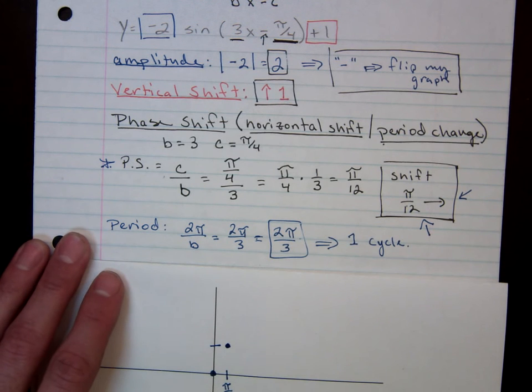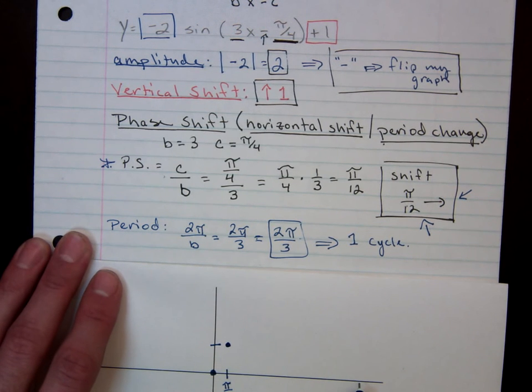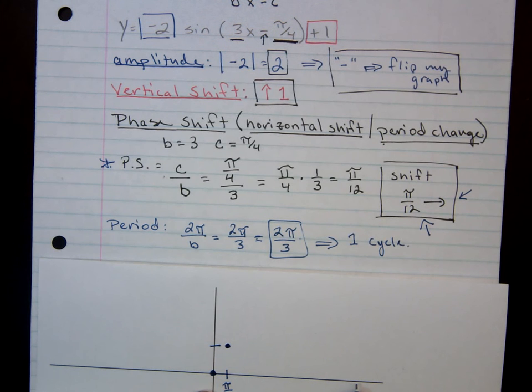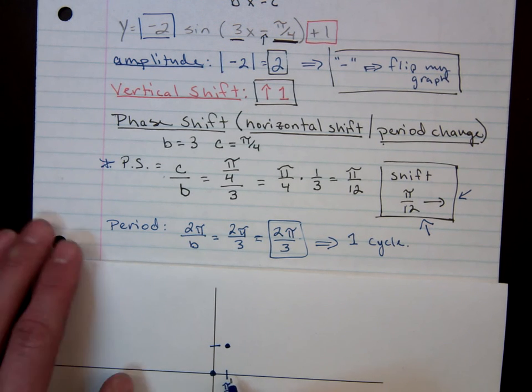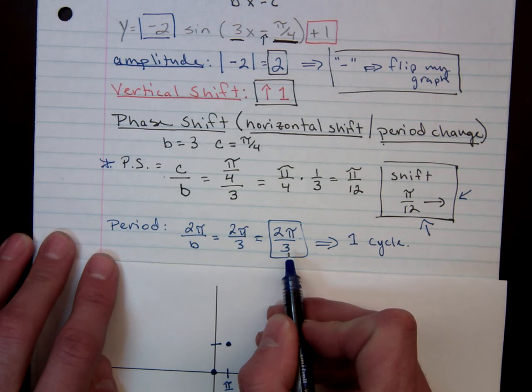Now, based off that, I can do the rest of the graph. What I'm going to do first, though, is say, well, I know that my period for this is 2 pi over 3.